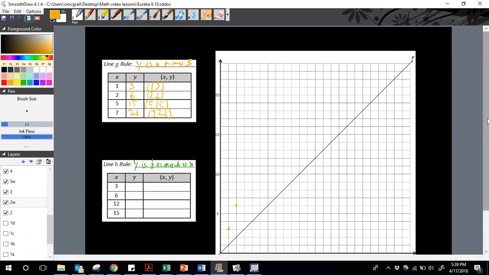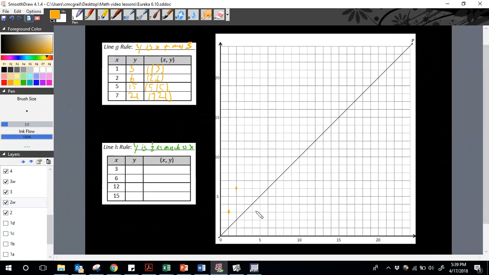Let me scroll down and there we go, 5, 15 and 7, 21. If I did this right, they should still all go in a straight line. And they do. Okay, that is line G.